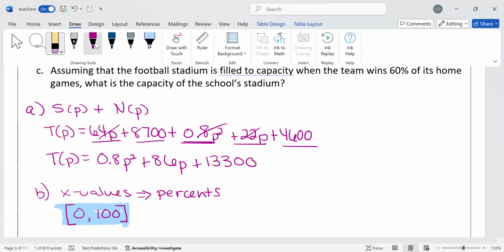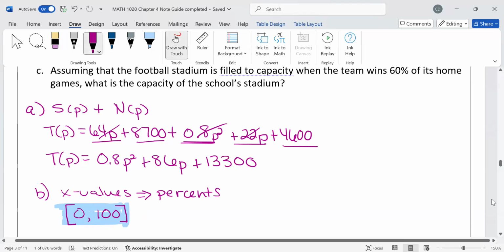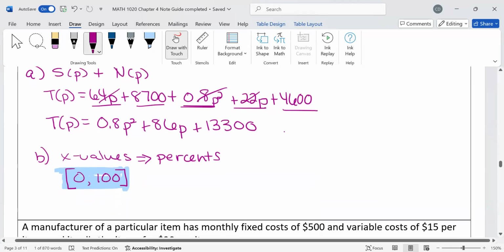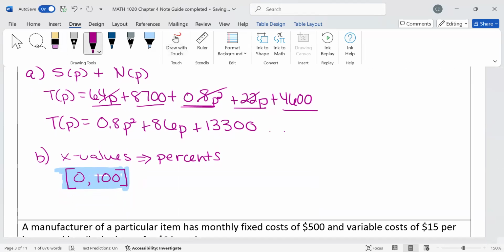Part C, assuming that the football stadium is filled to capacity when the team wins 60% of its home games, what is the capacity of the school stadium? Okay, so what we need to do here is take that 60 and plug it in to this equation.